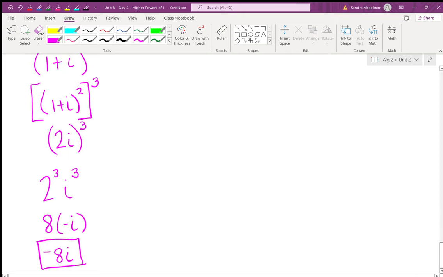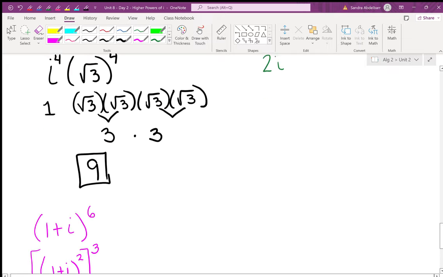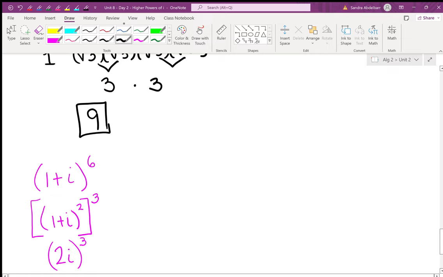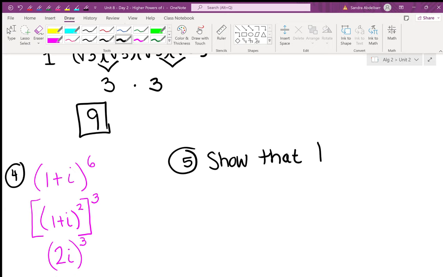All right, next one. What number was this? Did I stop numbering them? This was 4. Okay. I want us to show that 1 + i is a fourth root of negative 4.